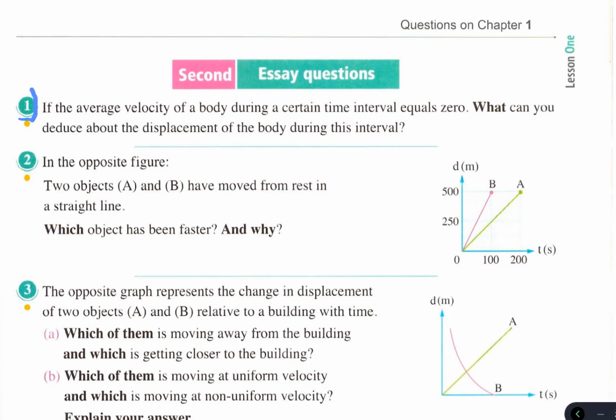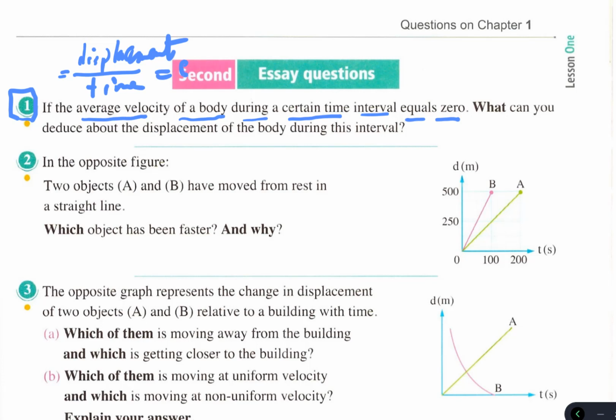Question 1 says: if the average velocity of a body during a certain time interval equals 0. That means displacement over time equals 0. Time will not equal 0, so the displacement equals 0.